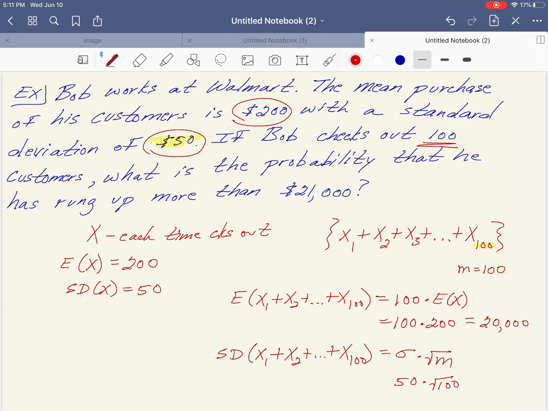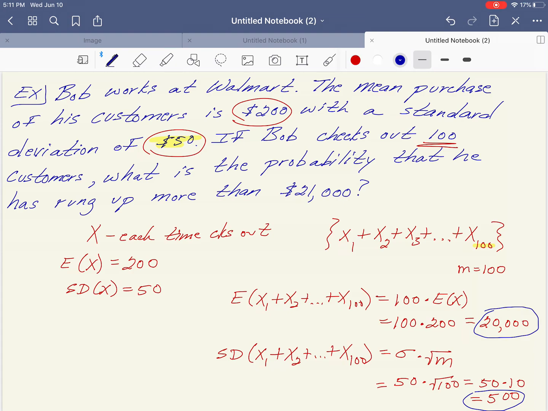So we have 50 multiplied by the square root of 100. So that gives me 50 multiplied by 10. That looks like 500 to me. So I now have my standard deviation and my expected value. Now let's continue.